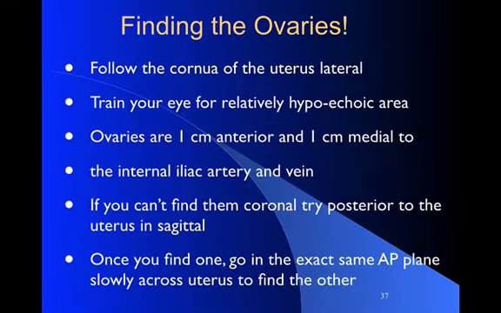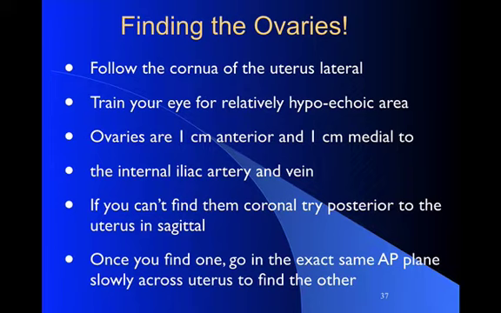So finding the ovaries can be tricky when you're first learning, but you will get good at it if you do enough of these scans. The first trick is to follow the cornua of the uterus laterally. Train your eye for a relatively hypoechoic area.